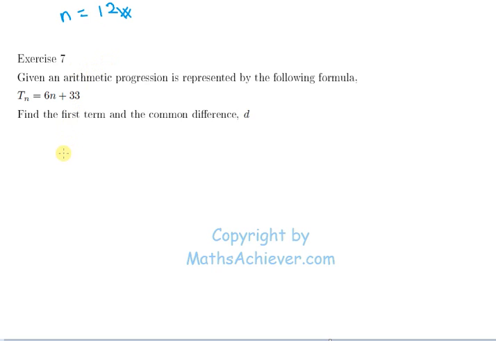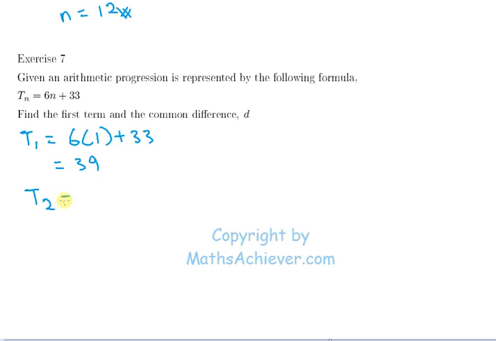Okay, let's take a look at another exercise. Now, given an arithmetic progression which is represented by the following formula, Tn equals 6n plus 33, find the first term and the common difference D. For the first term, it will be 6 times, substituting n with 1, plus 33. So the first term is 39. And in order to find the common difference, we would need to know the second term.